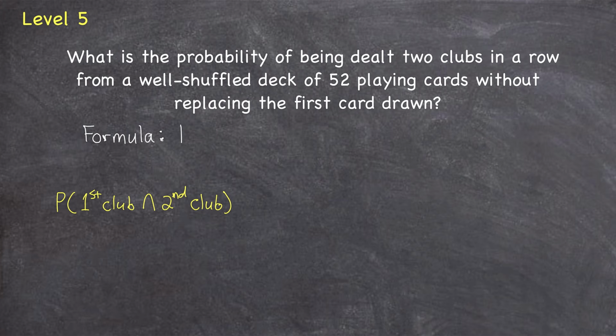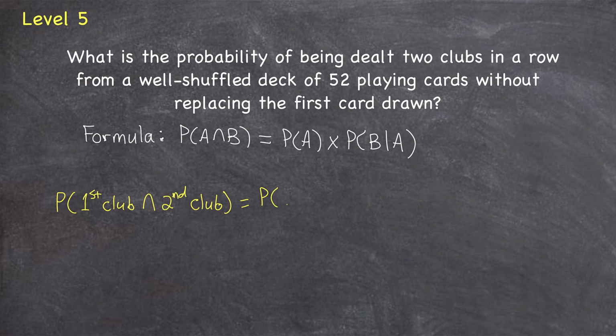So the formula for the probability of event A and event B happening, if the events are dependent, is the probability of A multiplied by the probability of B happening, given that A has already occurred. So for this question, I need to do the probability that the first card drawn is a club, and multiply that by the probability that the second card drawn is a club, given that the first card was a club.